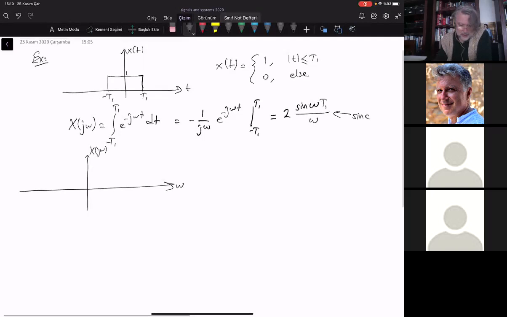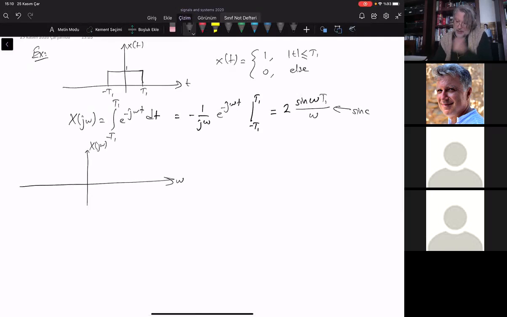But what do they look like? First, let's try to substitute omega equal to 0. It requires a limit determination to find x of j omega at omega equal to 0, because it's a sine 0 over 0 thing, which is a 0 over 0 ambiguity. You can use L'Hospital's rule, or you may know the answer already.